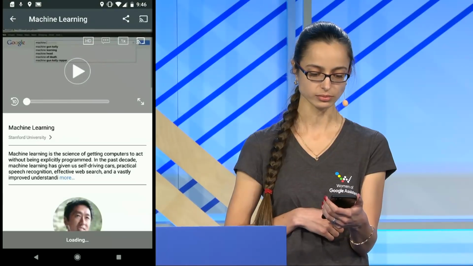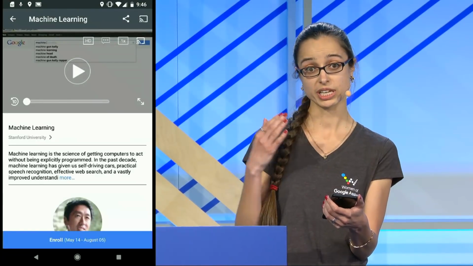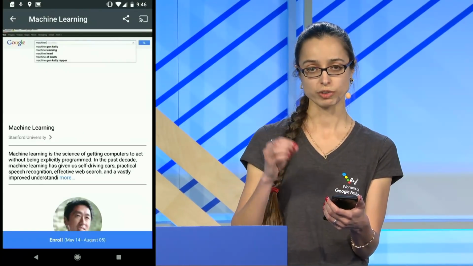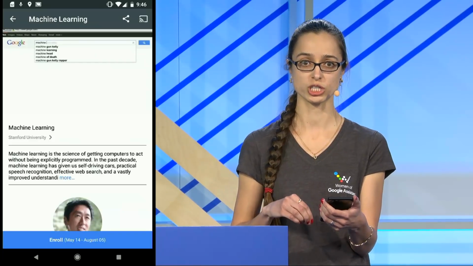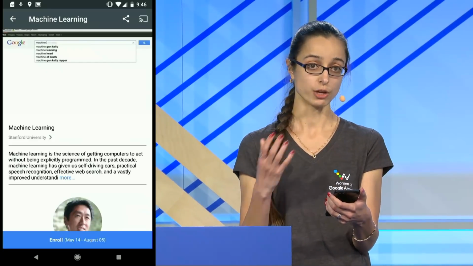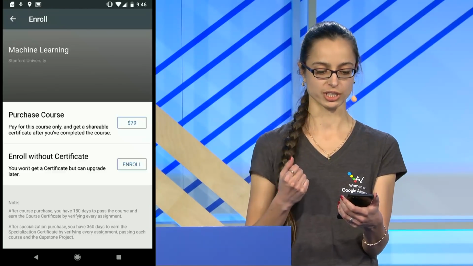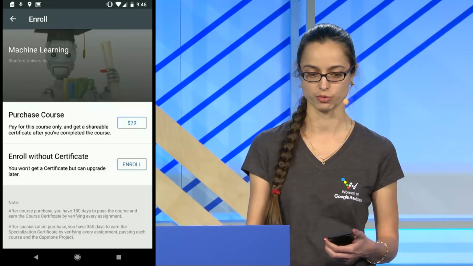But now, below in the suggestions, we see the take course action that we just created. And we know that it's from Coursera because of the app's icon. Now let's see what happens when I tap into it. Awesome. It takes me to the Coursera app, directly into the machine learning course page that I just asked about. And from here, I can do things like enroll, and I can also explore the rest of my app.